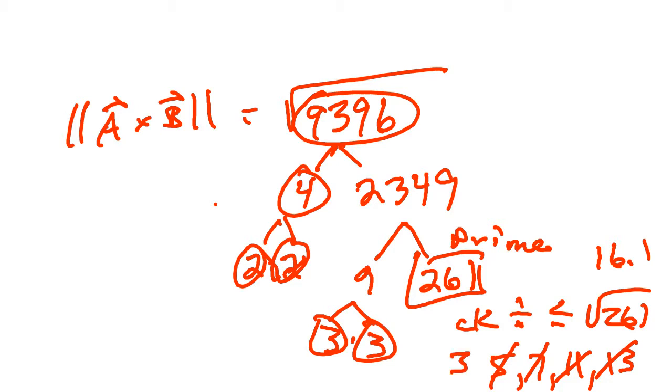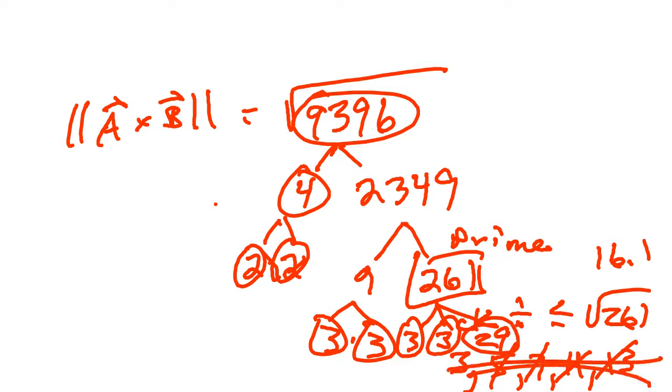Oh my gosh, 2 plus 6 plus 1 is 9, which is divisible by 3. It's actually divisible by 3 again. All right, so this is 3 times 3 times 29. So anyway, my theory worked, but I just skipped the first one.